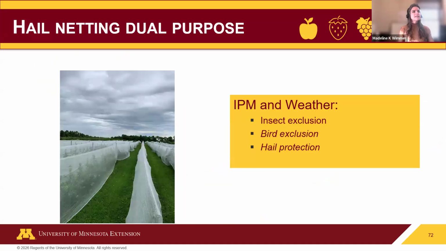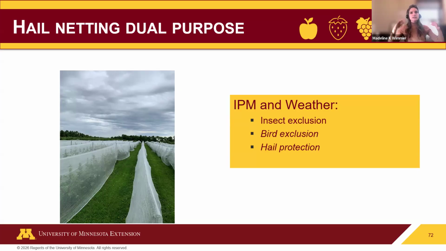destroy the pest. Hail netting is something that the University of Minnesota has talked about and done research about. And it can be used for insect exclusion as well as hail exclusion. Both of those things can happen only when it's draped, like what you can see here.